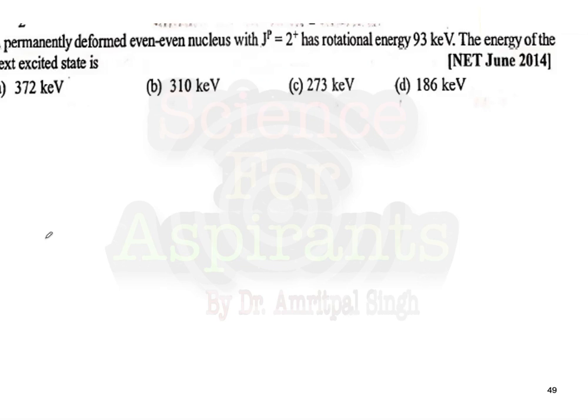Now this question: a permanently deformed even nucleus with spin parity Jp equal to 2 plus has a rotational energy of 93 keV.